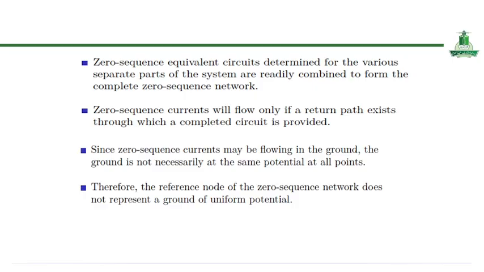As a result, the reference node in the zero sequence network cannot be assumed to be at a uniform ground potential. This is an important distinction from other sequence networks and must be carefully considered when analyzing ground fault conditions.